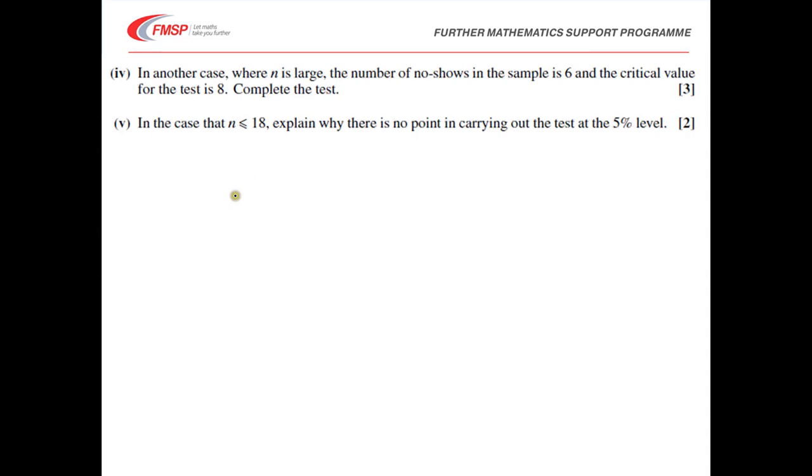We then have no-shows 6, and the critical value for the test is 8. So for this one we note that 6 is less than 8, so it is in the critical region. If it's in the critical region, we reject H0.